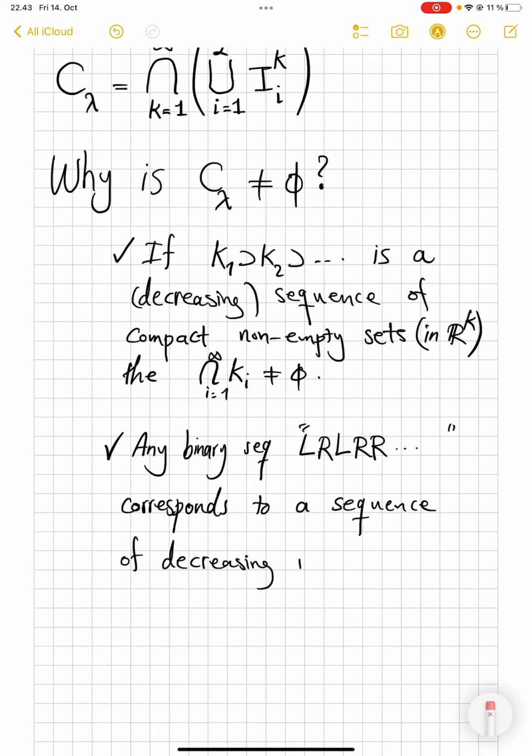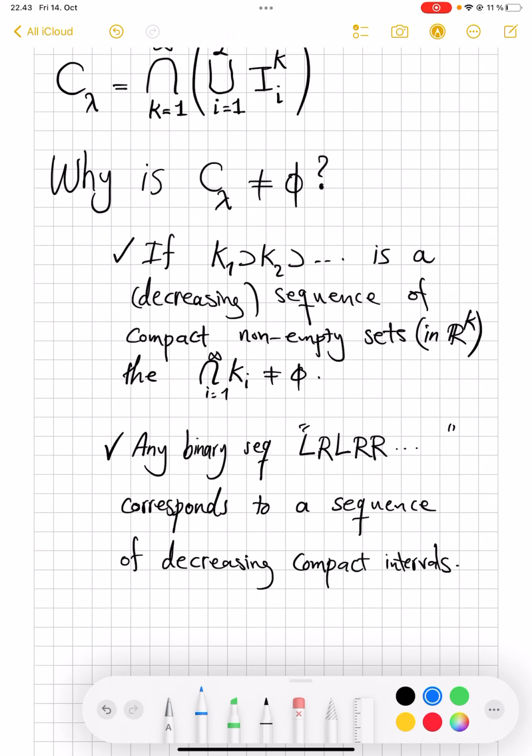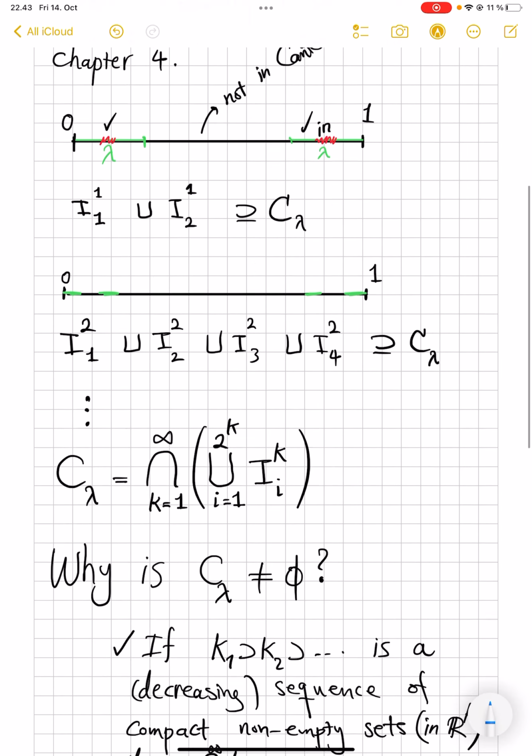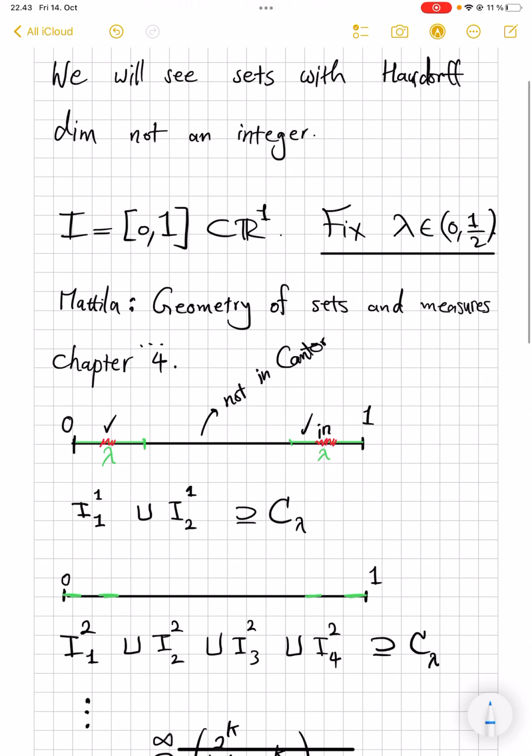I should say, well, compact intervals too. And we have seen this through other stuff we have done in this channel.